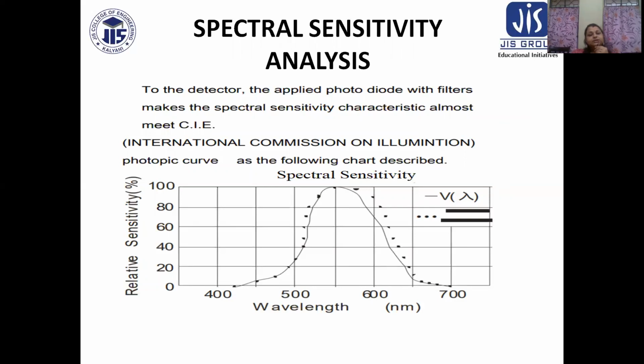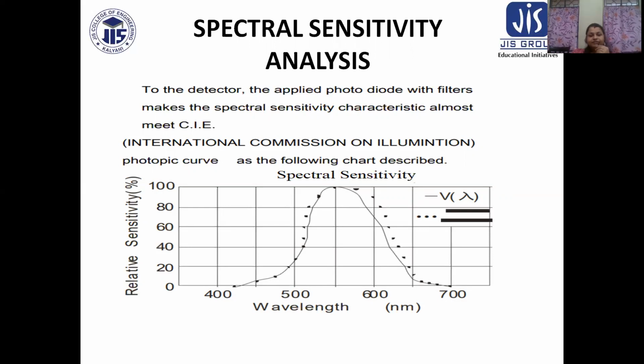The spectral sensitivity characteristics almost meet CIE, the International Commission on Illumination. In this graph, the x-axis gives wavelength in nanometer, and the y-axis gives relative sensitivity in percentage.